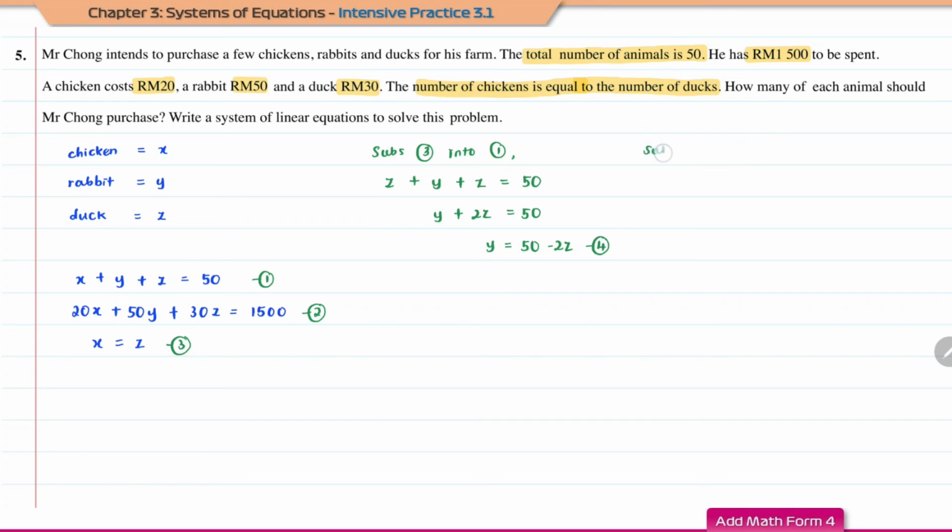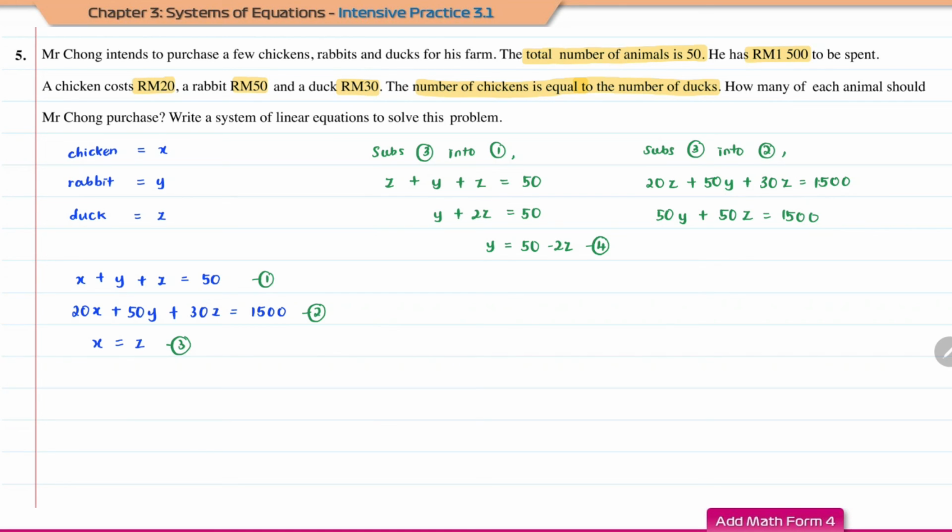So next, I'm going to substitute equation number 3 into equation number 2. 20x will now become 20z. So here we're going to have 50y plus 50z equal to 1500.